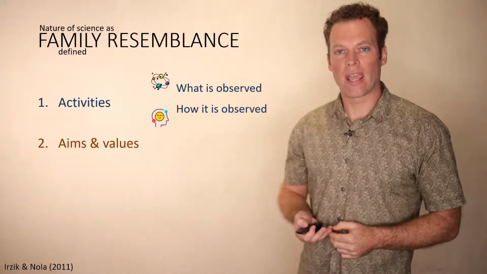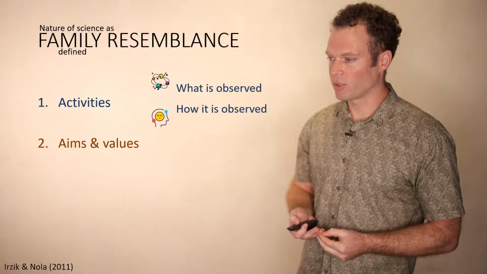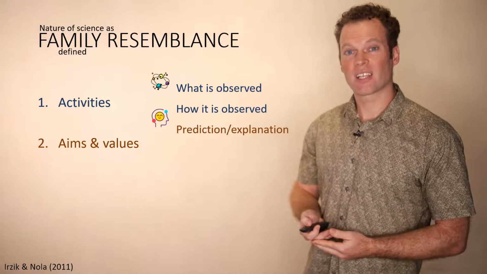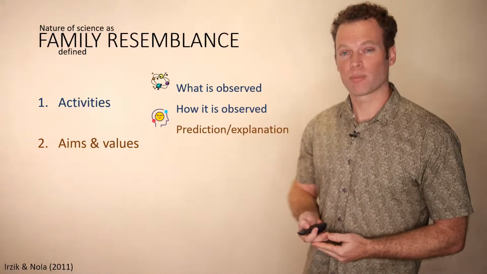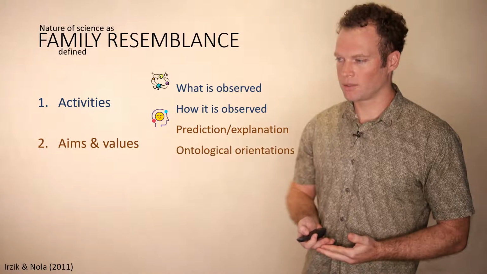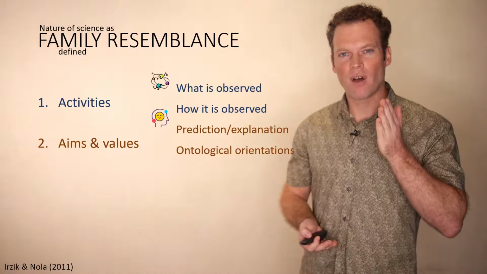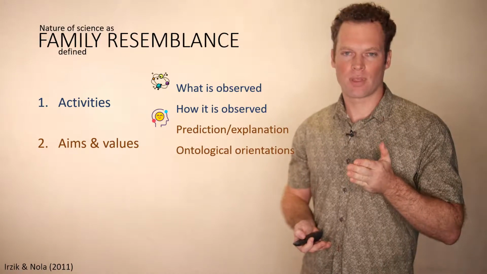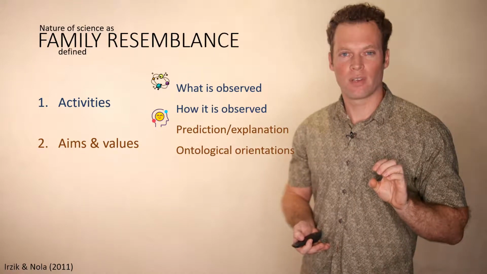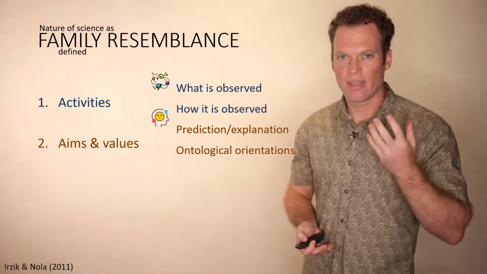Aims and values are another component of the definition of the family resemblance approach. So science in general is concerned with making predictions about phenomena or explaining phenomena, but then there are different ontological orientations. So some psychologists, for example, are interested in providing an in-depth explanation of individuals or of a very small set of individuals, completely explaining their behaviors and their state of mind.